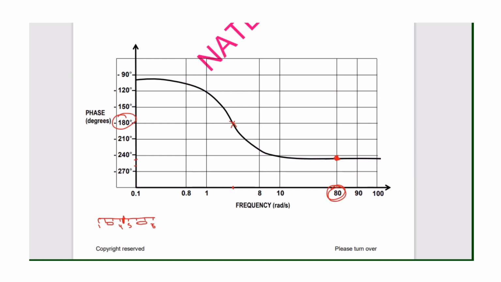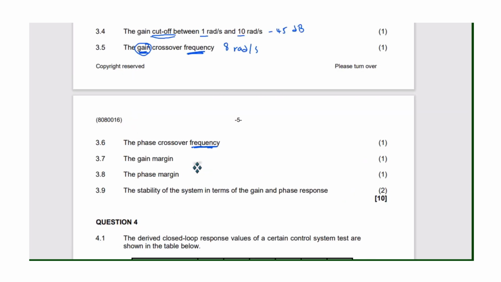I'm sure if you pick 4 or 5 you'll be given the mark, but for me I can see it's not. If this was 0 until 8, I would say 4, but this looks like 4.5 rad per second. Guys, gain margin. Remember, gain margin is 0 minus gain.